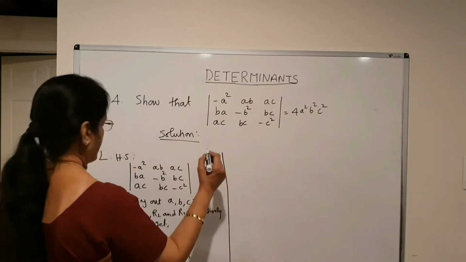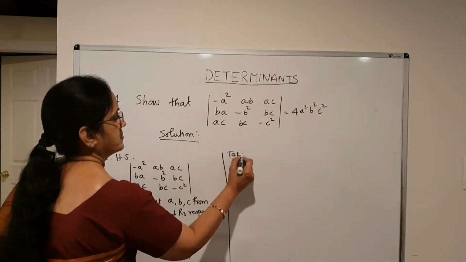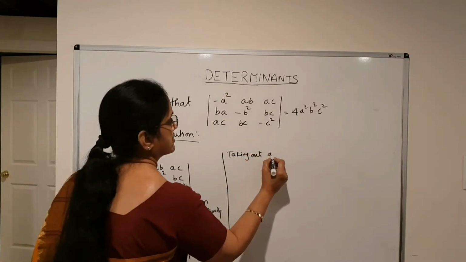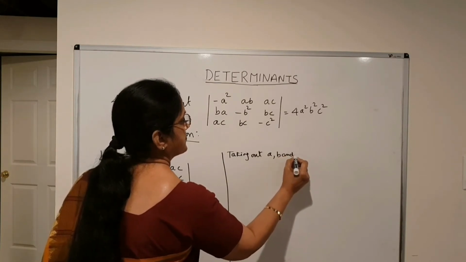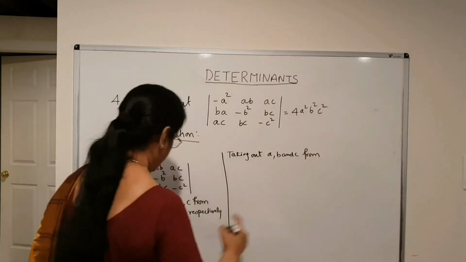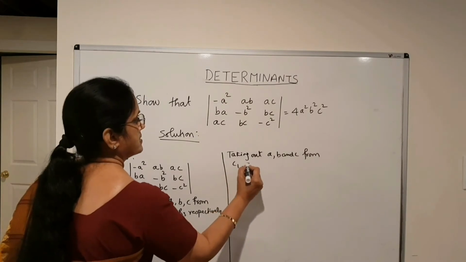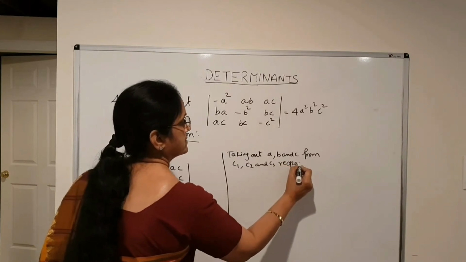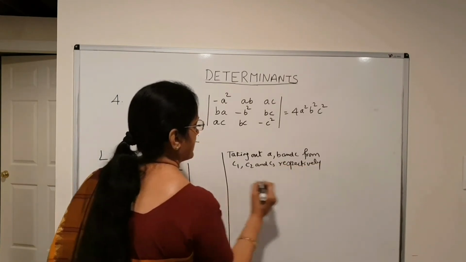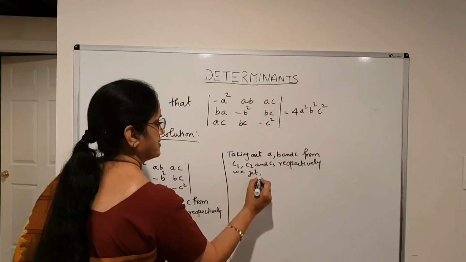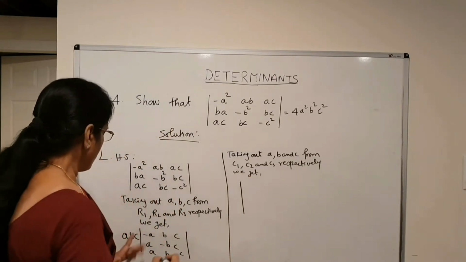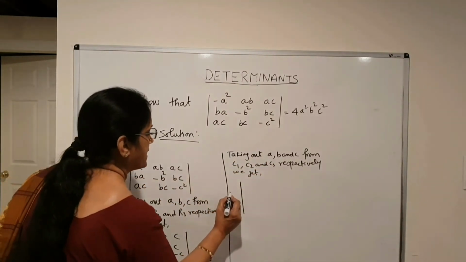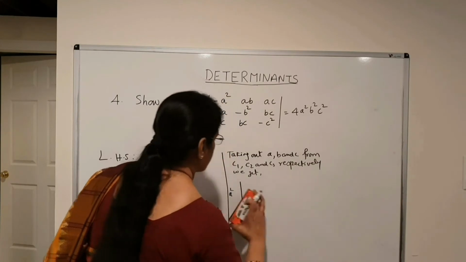Next step, taking out a, b, c from C1, C2 and C3 respectively, we get determinant. Already one abc is there. Again we are taking out a, b and c. Then you will be having here a square, b square, c square.